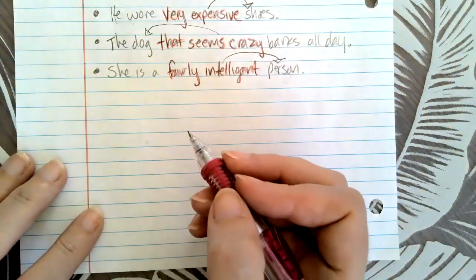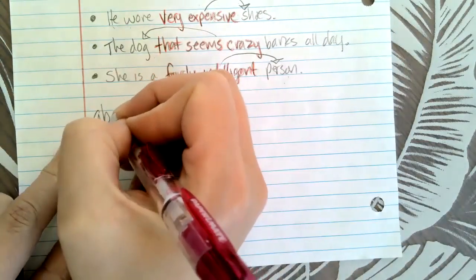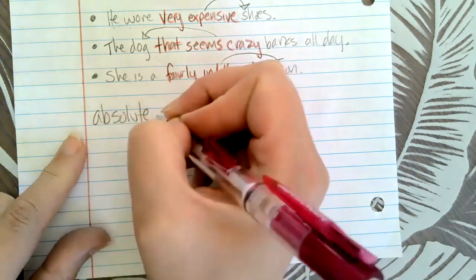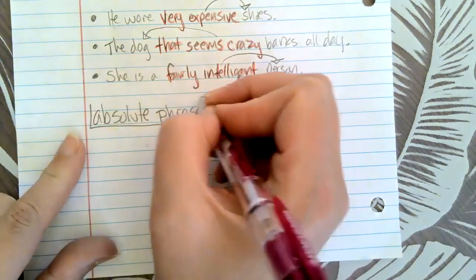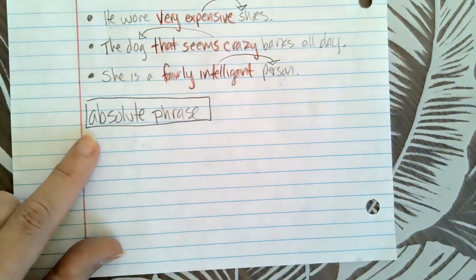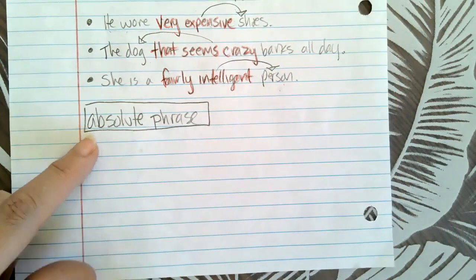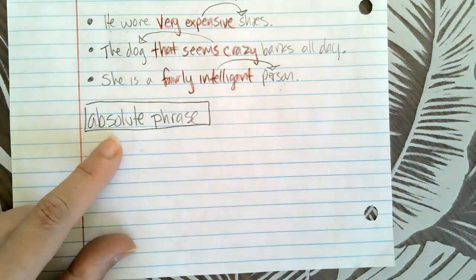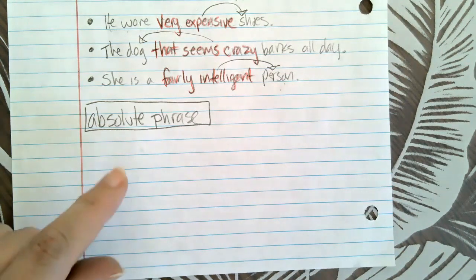The next type of phrase we're going to do is called an absolute phrase. Now, just like we've been talking about, when we are trying to determine just exactly what a phrase is, we can look to its name. What does the word absolute do for you? For me, absolute, it's like something is absolutely solid, like it's 100%.